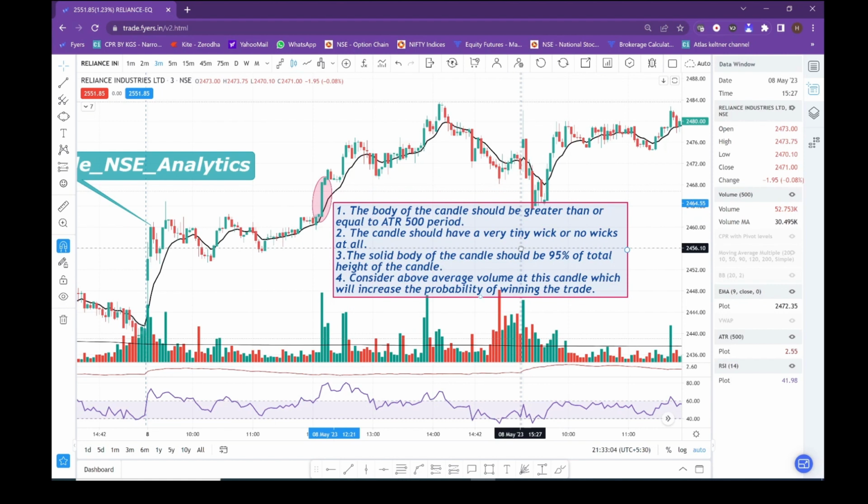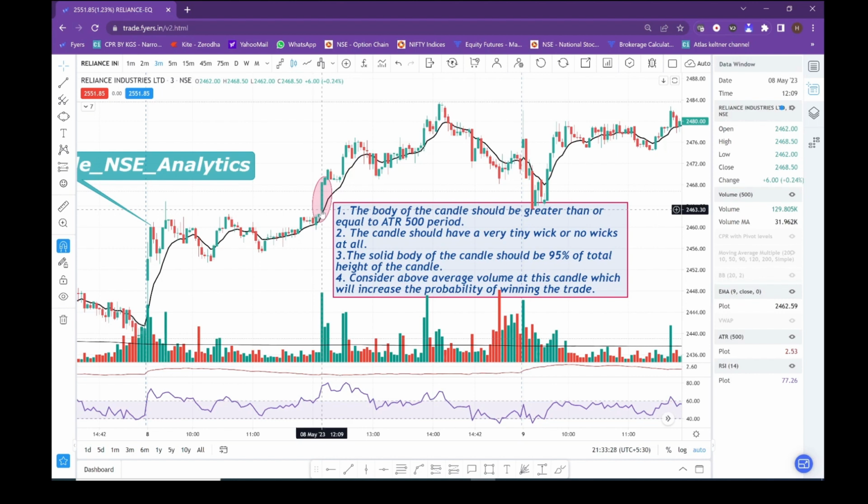So the first rule is the body of the candle should be greater than or equal to ATR 500 period. As you can see here, there is an ATR plotted here with 500 moving average. And if you see this one, the candle length is 6 points and the ATR at this point is 2.53.